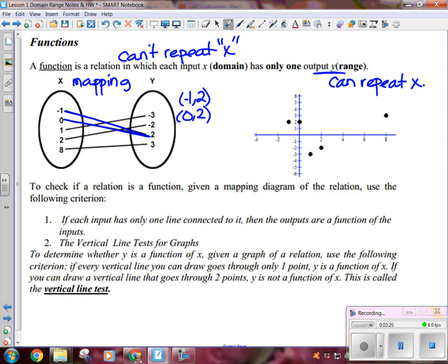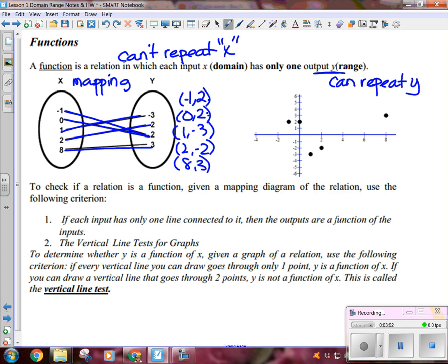It does not matter that it went to the same output. Remember, you can repeat your y's. You just can't repeat your x's. So it's okay to repeat the 2. It's just not okay to repeat the x, and I did not repeat an x. 1 is related to -3, 2 is related to -2, and 8 is related to 3.